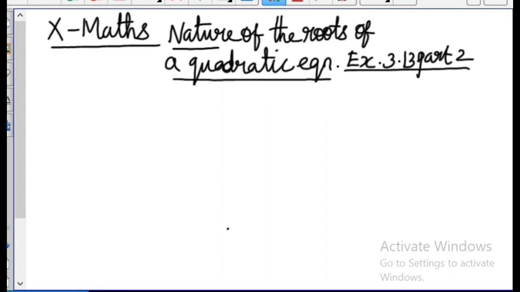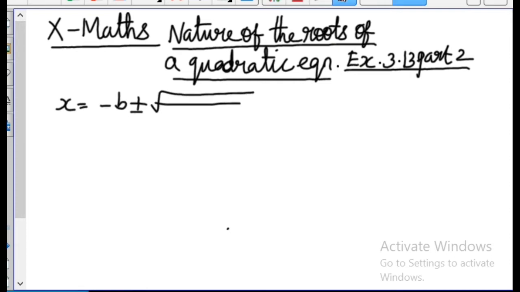A quadratic equation. In part 1 you studied how to find the nature of the roots. A quadratic equation has two roots, given by the formula method: x equals minus b plus or minus square root of b square minus 4ac, whole divided by 2a.